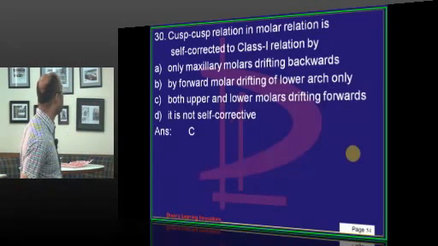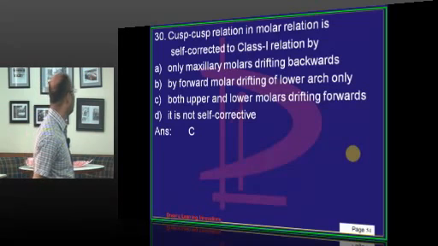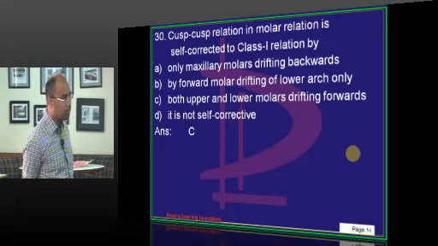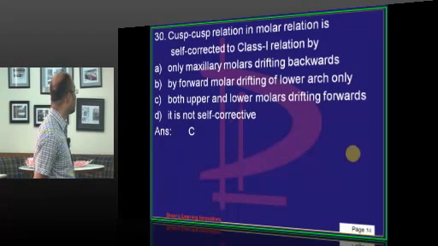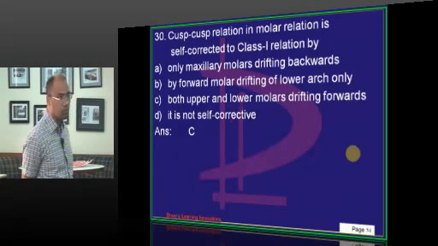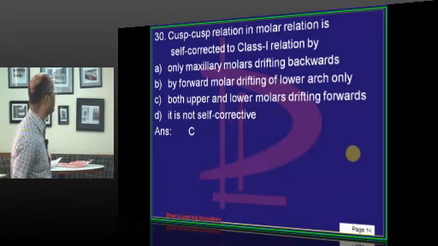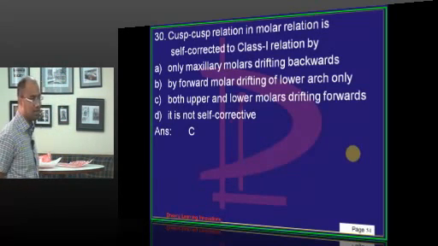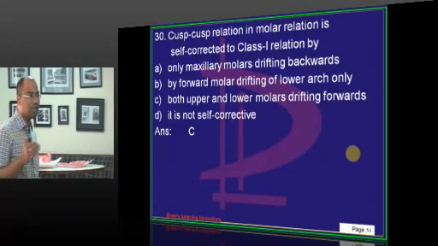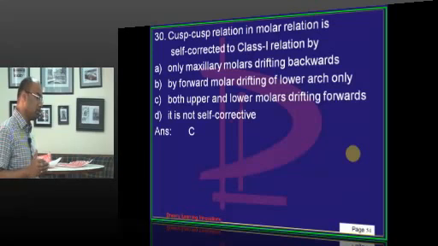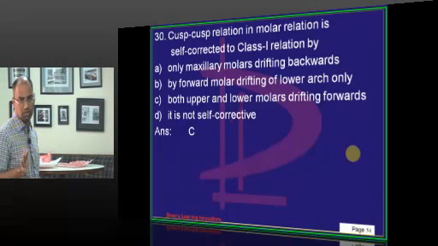So a cusp-to-cusp relation in the molars is self-corrected to class 1 by which of these: only the upper molar drifting backwards, both molars drifting forward, forward drifting of only the lower arch, both upper and lower arch, or not self-correcting. That is, flush terminal plane is also an example of a transient or self-correcting malocclusion, isn't it? It is not a malocclusion.